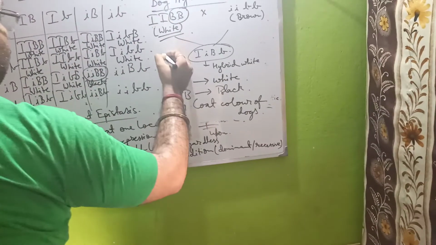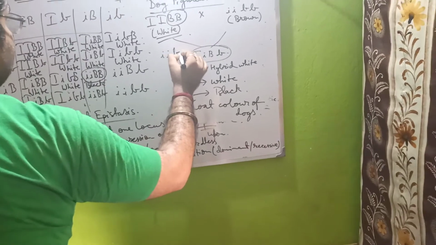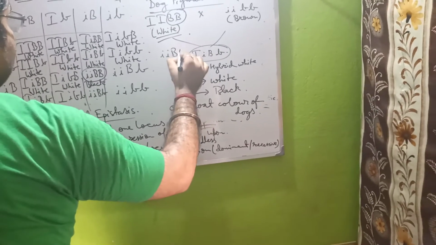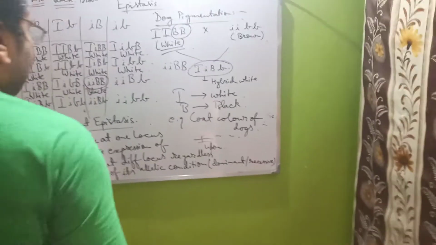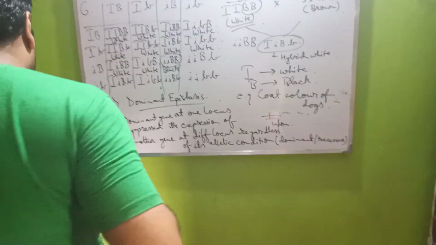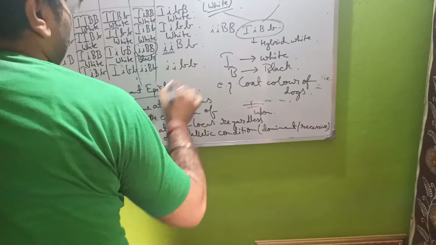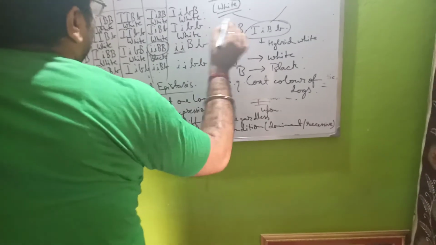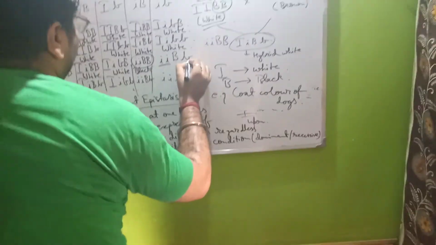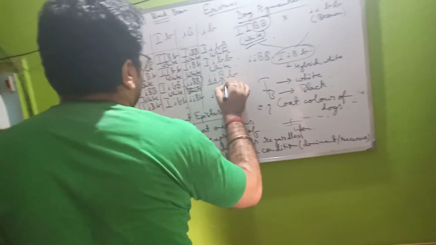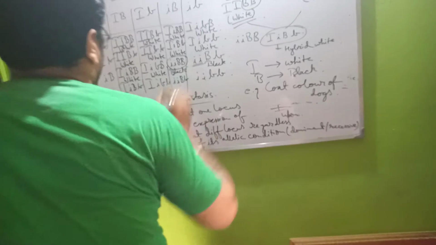Since both I alleles are small, that is recessive, and the B gene is dominant, we get black. Again here, both I genes are small and capital B is dominant, so this one will also be black.